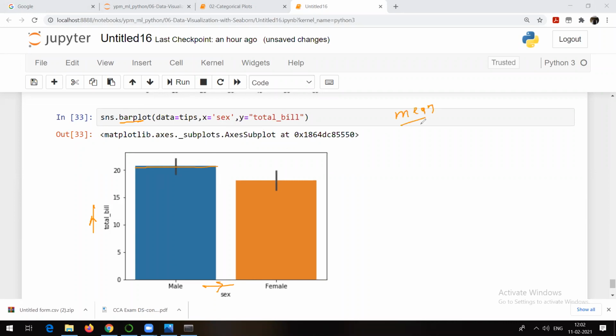Mean. So this is nothing but the mean total bill, average. So the average of the total bill generated by male is near about, suppose 20 to 23, and the average of the total bill generated by female is near about 18, for example. That means male's average total bill is more as compared to female's average total bill.